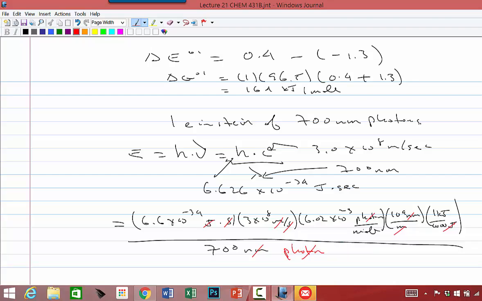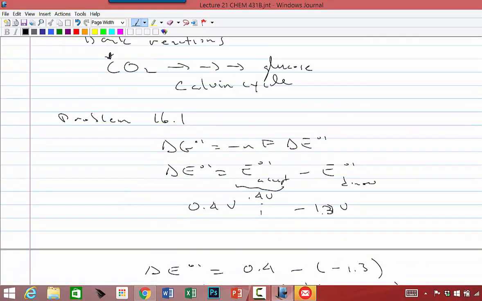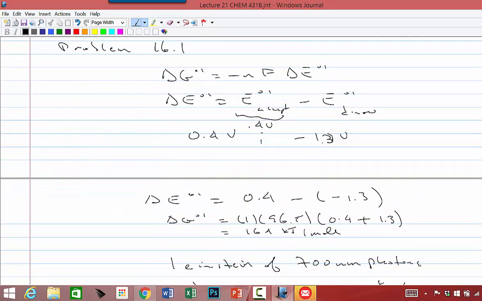And so now if you do this calculation, you get 170 kilojoules per mole, which matches up pretty well with the 164 kilojoules per mole that you got from the delta E. So that's the answer to the first problem.